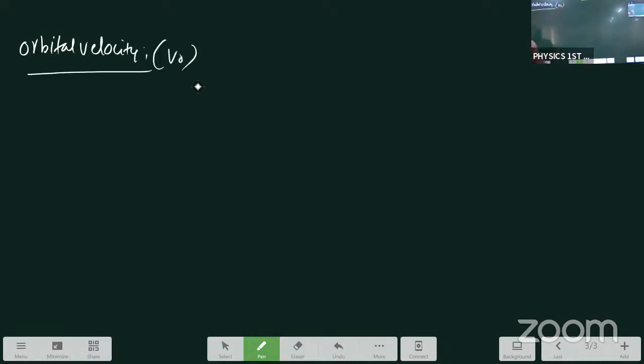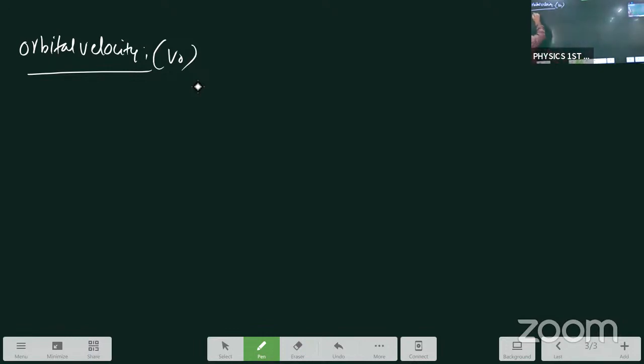In this, the first statement: what is the definition of orbital velocity? Orbital velocity Vo is the minimum velocity required for an object, for a satellite, to revolve around the earth in circular orbit.